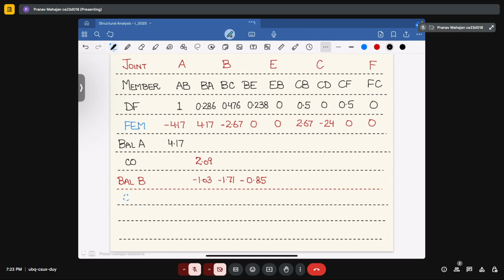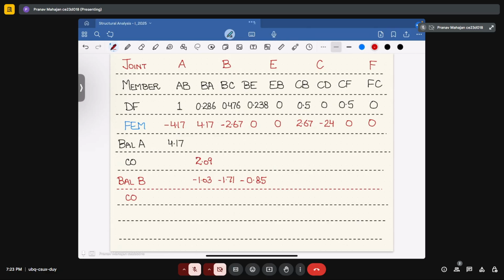Okay. Now the carryover moment because of this distribution will become 0.85.